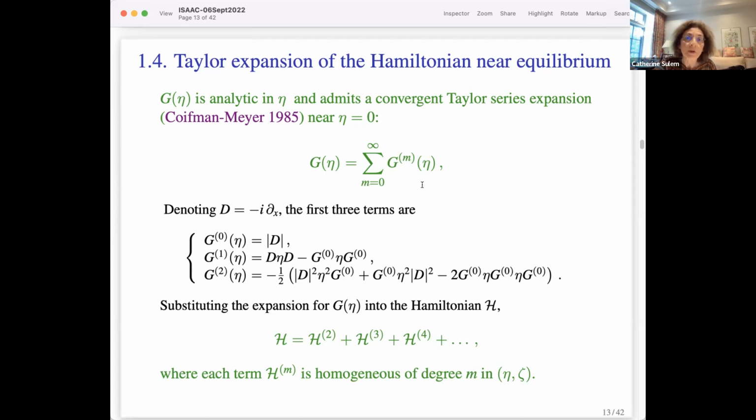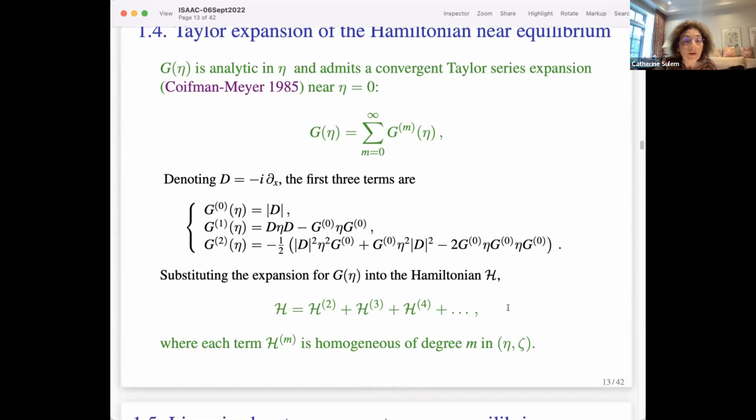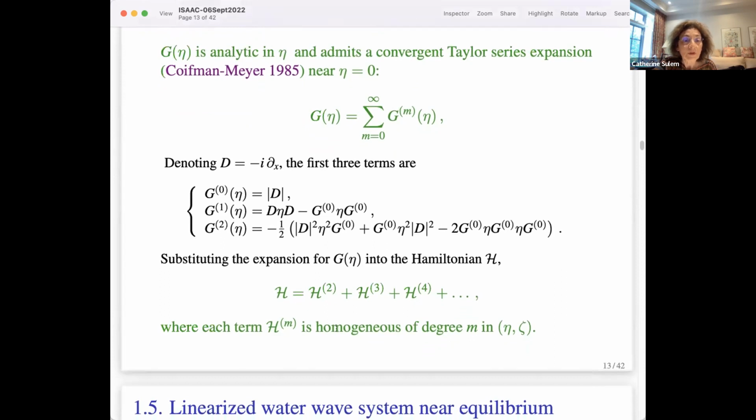Associated to this expansion of the Dirichlet-Neumann operator, there is also an expansion of the Hamiltonian, where each term is homogeneous of degree m in the variables.